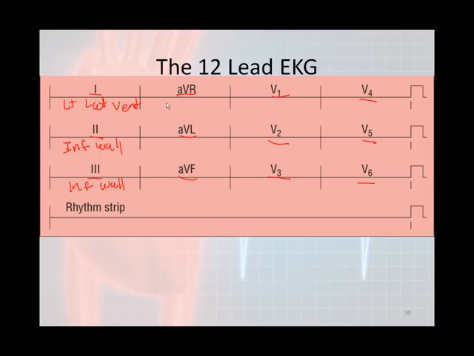AVR looks kind of at the right atrium, but we're going to talk about AVR later on. AVL looks at the left lateral ventricle or left lateral wall. AVF looks at the inferior wall. V1 and V2 are septum or septal leads.